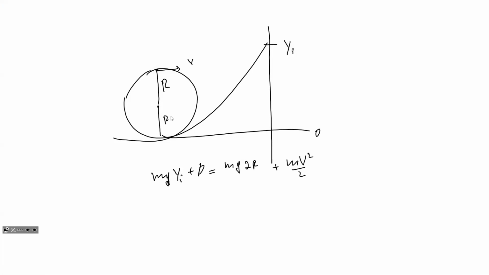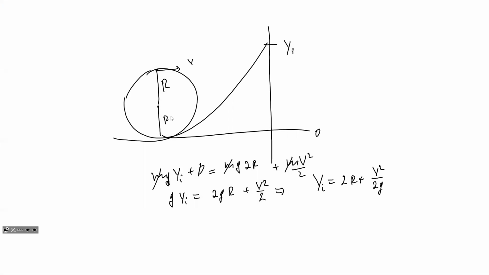So gy initial equals 2gr plus v squared over 2, or y initial equals 2r plus v squared over 2g.